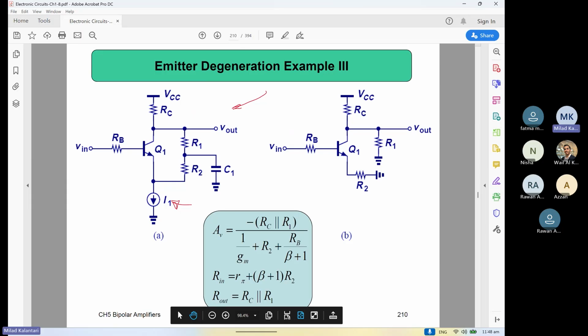If I give this in the exam, for example, we want to find the V out to V in, the voltage gain. First we need to find the bias of each transistor. What is the bias of the Q1? The bias current. What is the current of the Q1?